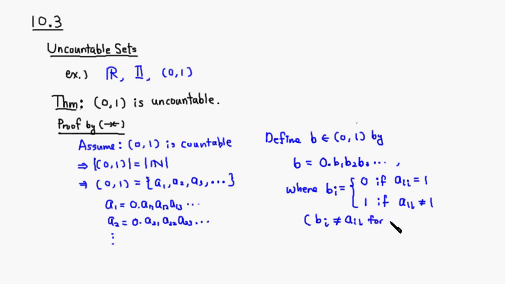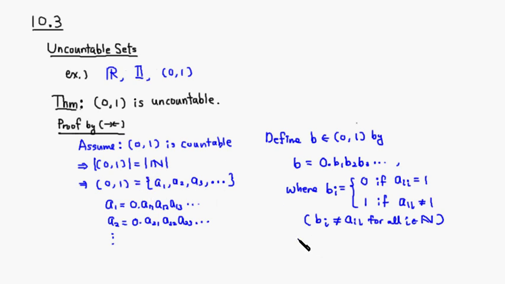for all natural numbers i. Which means that b is always different from any of the elements listed here.